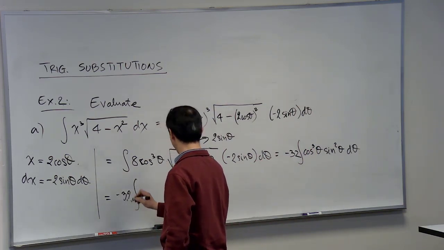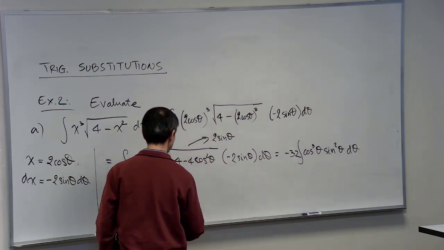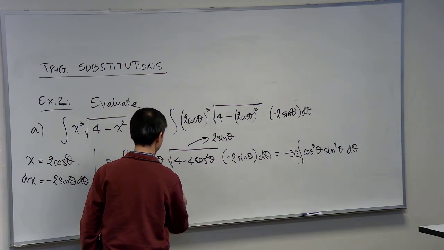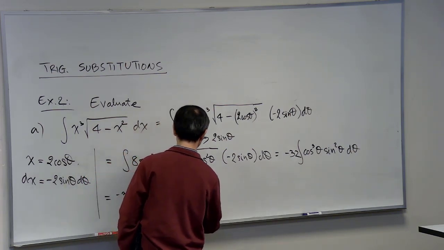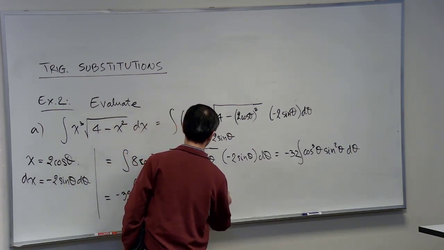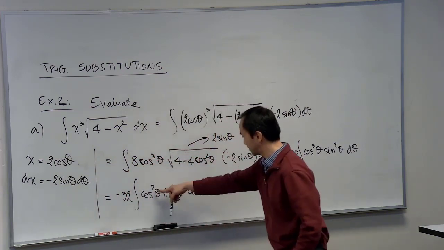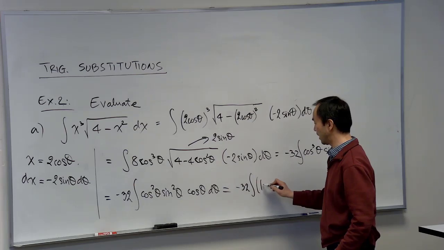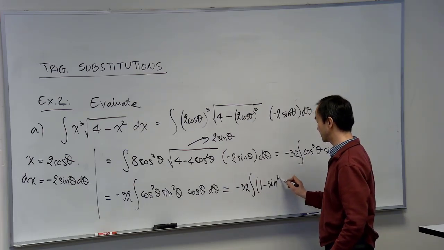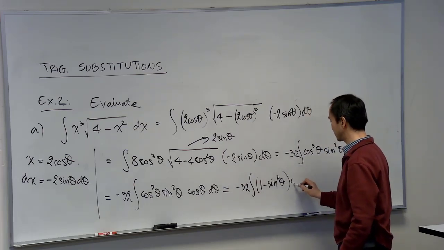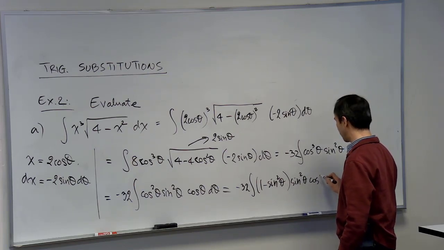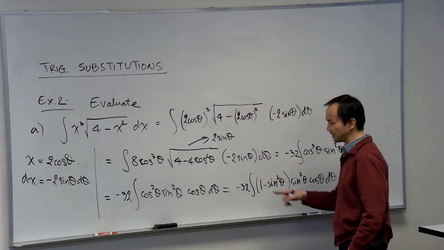The trig integrals learning experience is still here, and then we have cosine squared theta times sine squared theta times cosine theta here. We're going to purposely see this cosine squared as 1 minus sine squared theta, and times sine squared theta, times cosine theta.